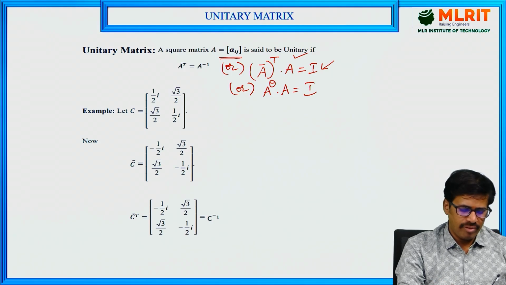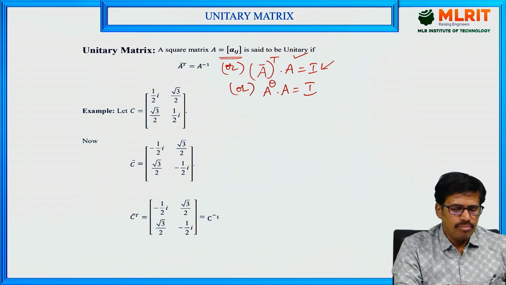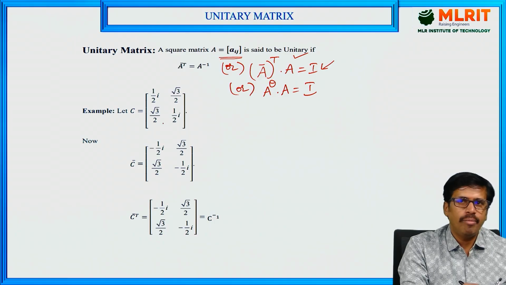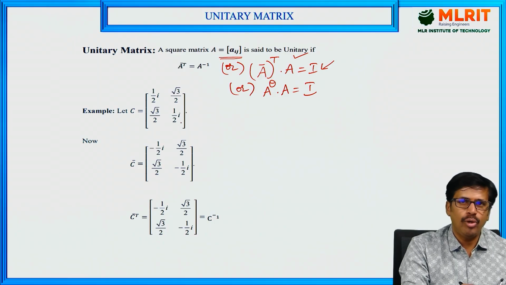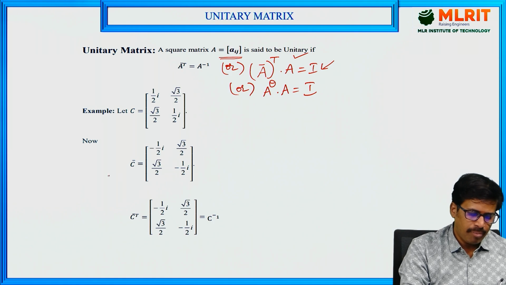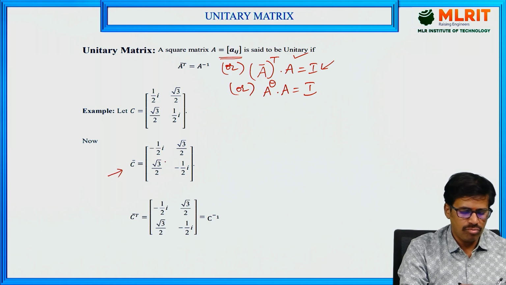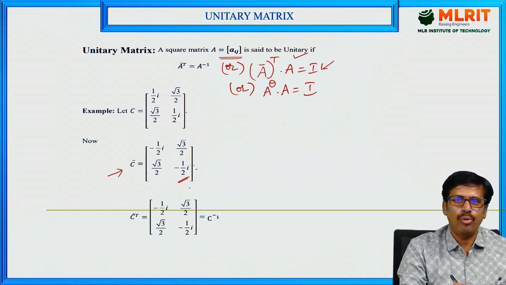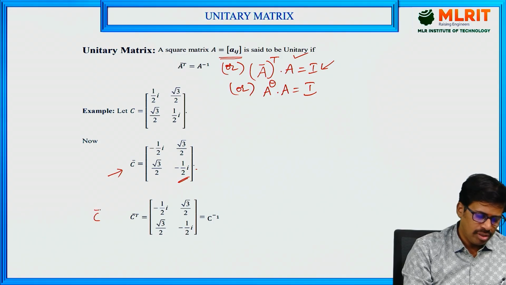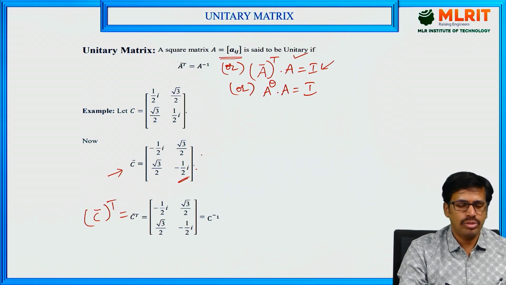Now let us check whether the matrix C equal to [1/2 i, root 3/2; root 3/2, 1/2 i] is unitary. First find the conjugate of this matrix, which is given by C bar equal to [minus 1/2 i, root 3/2; root 3/2, minus 1/2 i]. Then find the conjugate transpose, C conjugate whole transpose. So let us interchange the rows and columns.